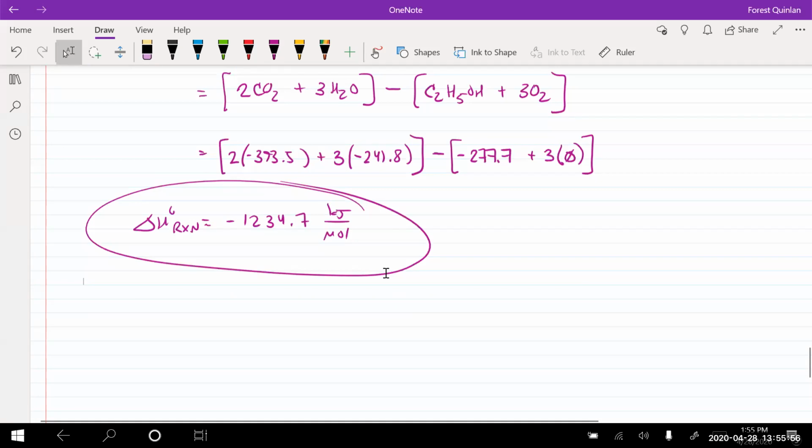products minus reactants? Now, keep in mind, that's the same thing I've told you from the beginning. When you're looking at the difference in the enthalpy, the delta H, that's the difference in the energy of the bonds before and after the reaction. And so if the energy after the reaction is lower than it was before, it wants to occur.